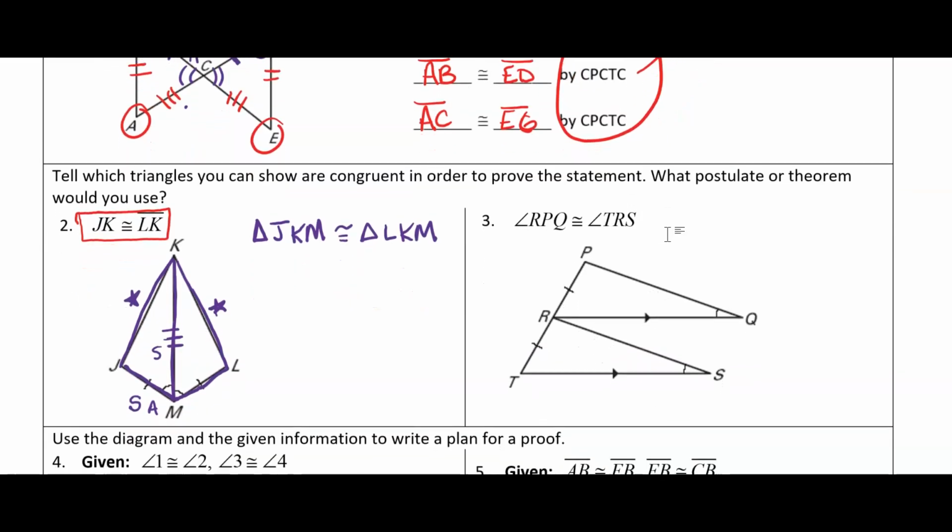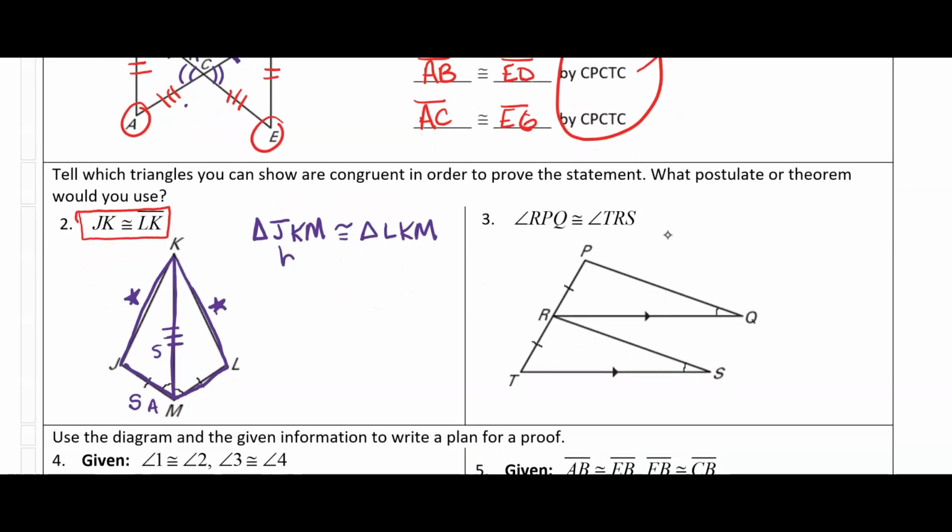So since I know those triangles are congruent by side, angle, side, I also now know that this piece and this piece are also congruent. So then I can say JK is congruent to LK. So that's the theme of today. We first must show triangles congruent to show parts congruent.